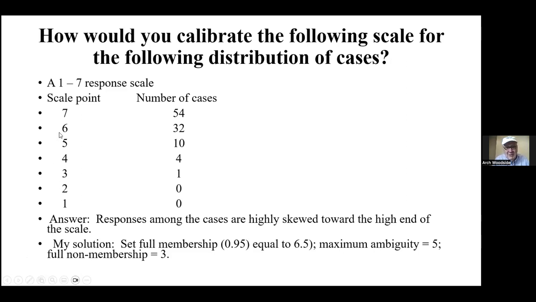But what you would do for robustness testing is you could try a couple of different approaches. By the way, you might hear my cat in the background here. But whatever you do, you want to report your calibration. You want to be as informative as possible. Don't have your reader guess at what calibrations you used.